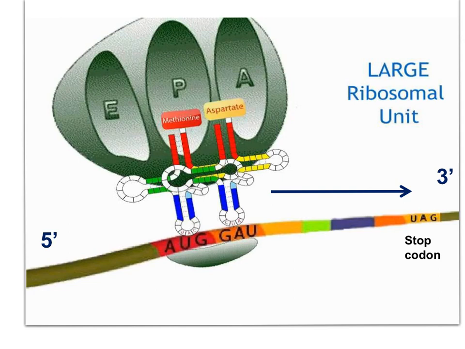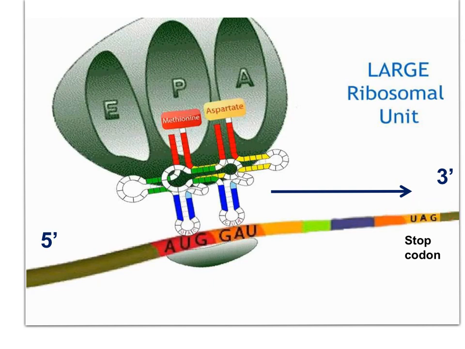Notice the complementary relationship of the triplet codons of the mRNA and the triplet anticodons of the tRNA molecules. The codon-anticodon relationship ensures the proper sequence of amino acids in the growing polypeptide. The ribosome moves along the mRNA in a 5-to-3 direction until it reaches a stop codon.